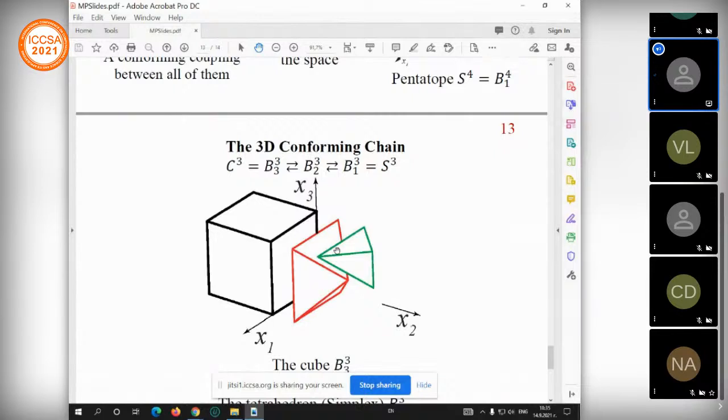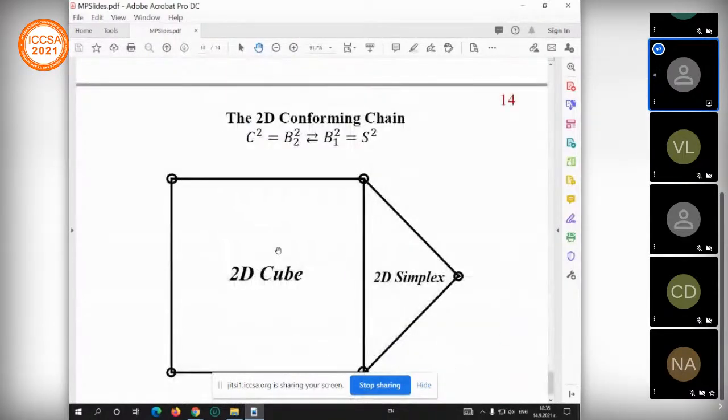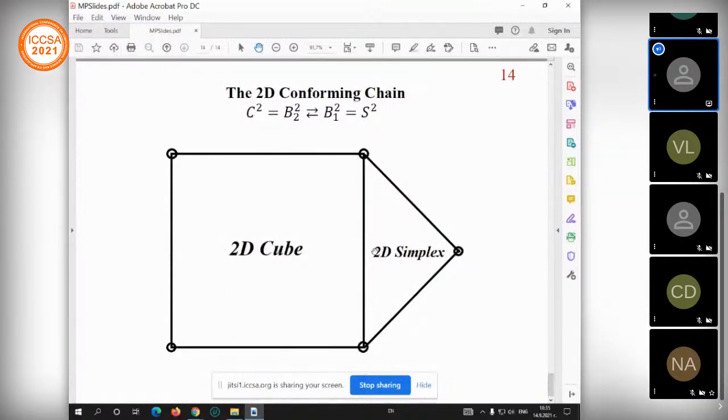And at the end, the simplest case, the two-dimensional case. The cube and the simplex are connected directly. No transitional elements over here. But I want to emphasize that the whole chain has a number of members, which is described by the dimension of the space.